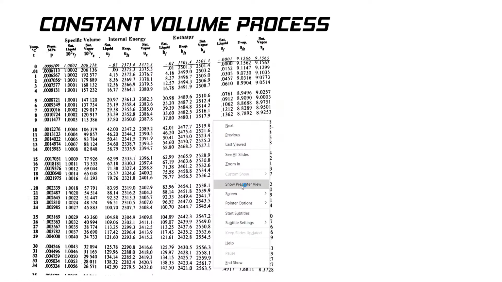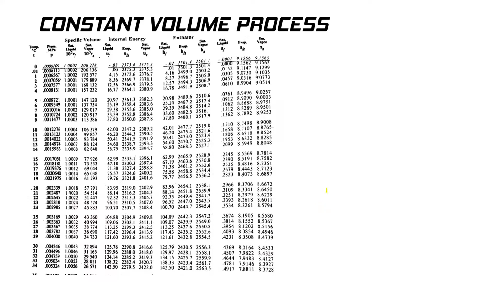So here is our snippet of the steam table. Since we have a saturated water, we have to find the properties at the saturated liquid state.